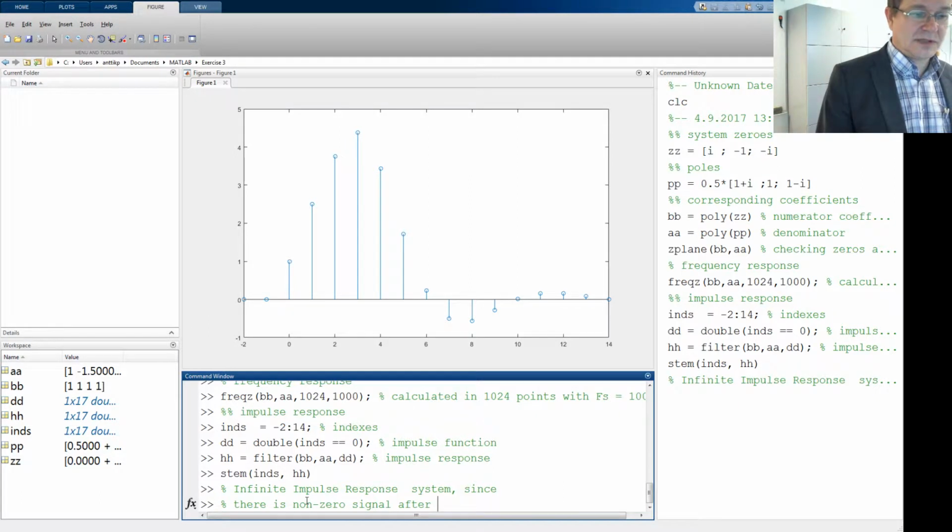There is no zero signal after the nth delay or time step.